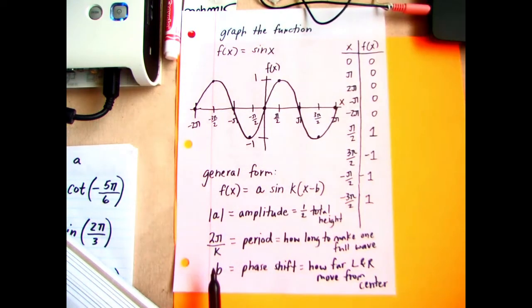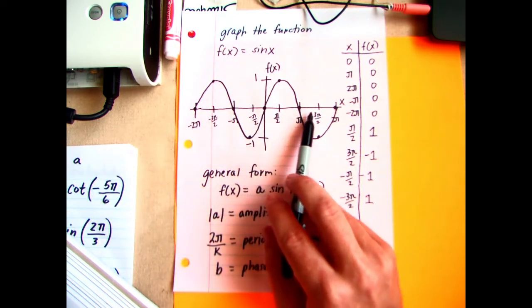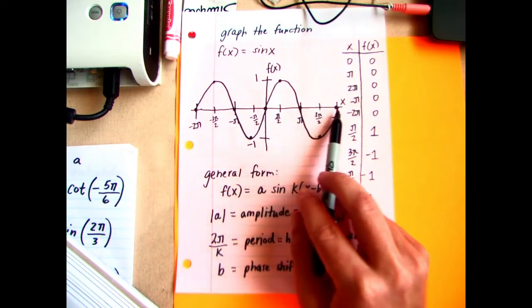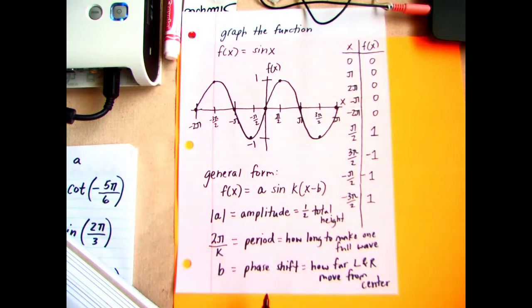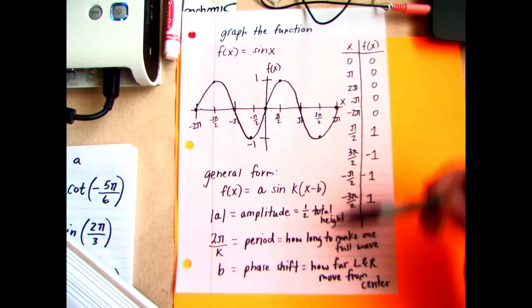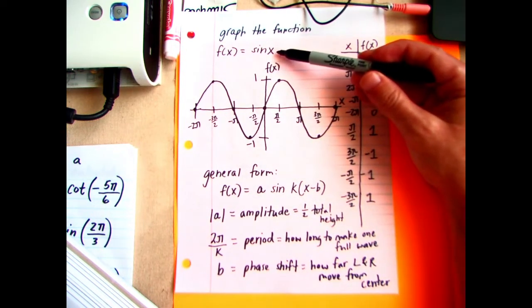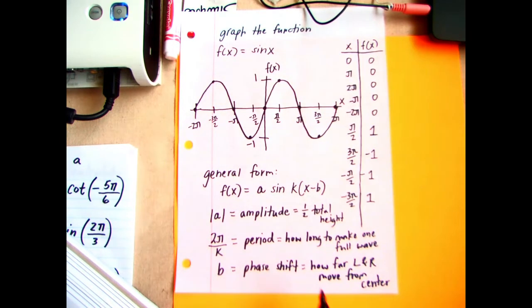The number in front of x is 1. So 2 pi over 1 is the period, how long it takes to make one full wave. And we see in our graph that it takes a distance of 2 pi to make one complete wave. And finally, the phase shift b, how far are we moving it left and right? Well, in our example, there was no b. b was 0. So we are not shifting it at all left or right from center.